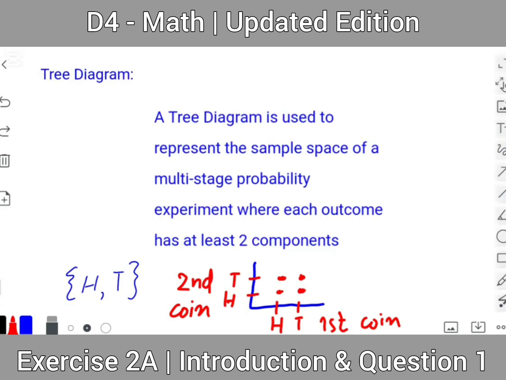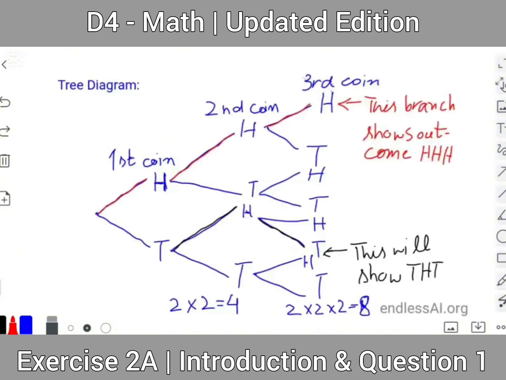When the first coin is tossed, there are two possible outcomes, head and tail. So we start with a point and draw two branches, H and T. We indicate the first coin on the top of the two branches. Now the second coin is then tossed regardless of the outcome of the first toss.